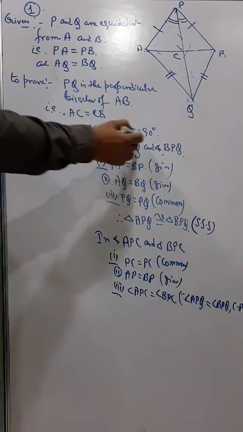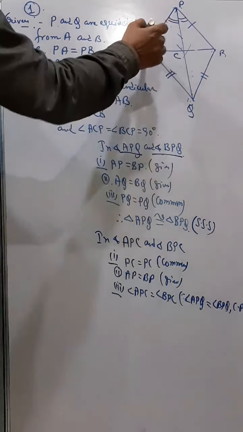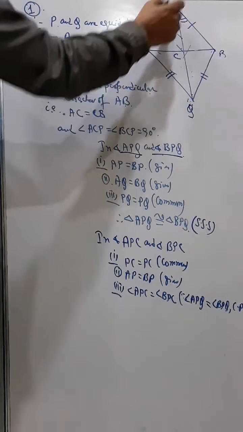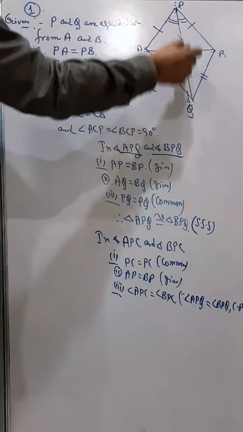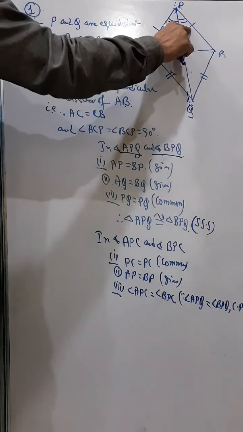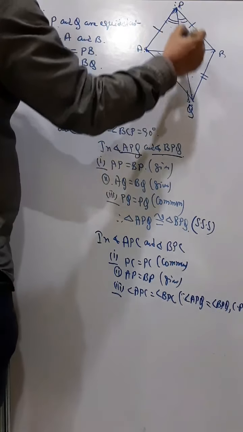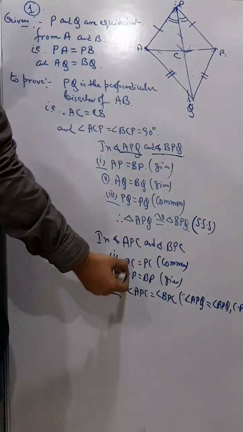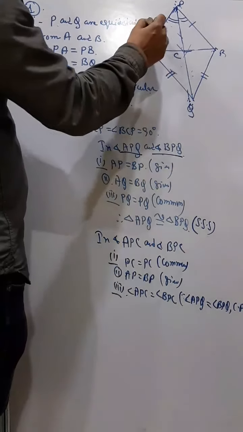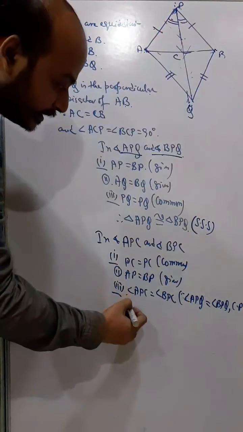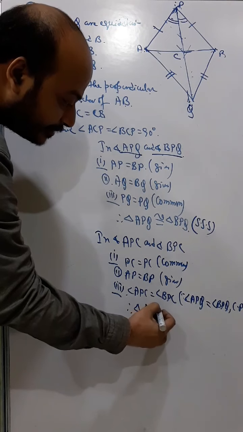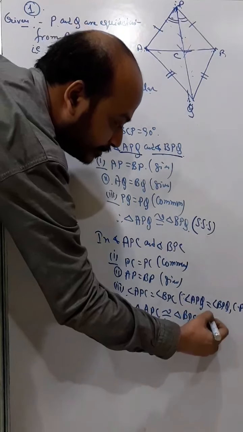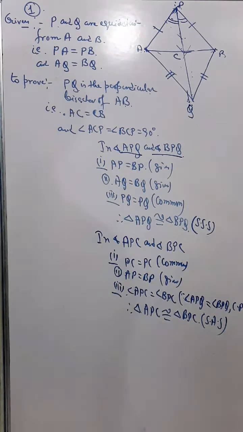Since we have already proved that these two triangles APQ and BPQ are congruent, we can say that angle APQ is equal to angle BPQ. That means this angle equals this angle. So in this triangle also we can say that APC equals BPC, so that becomes our third point. And now with side angle side, I can say that triangle APC is congruent to triangle BPC by the SAS criteria.